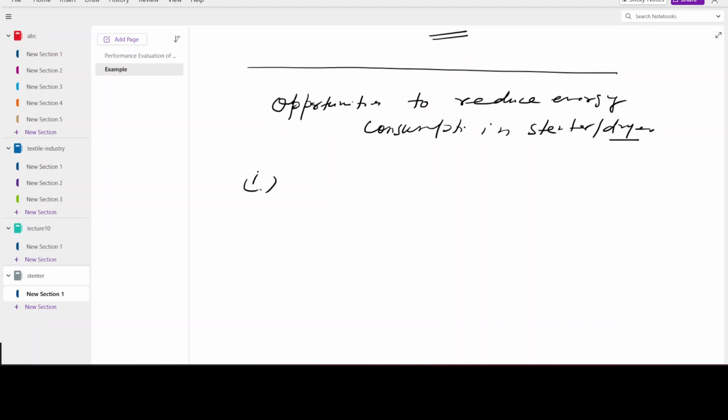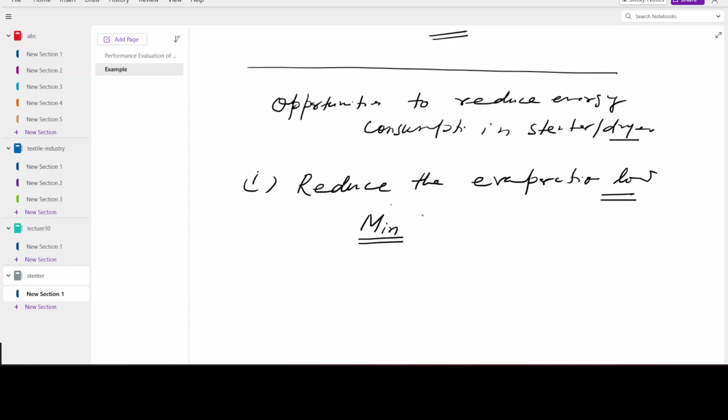First way could be to reduce the evaporation load. What is evaporation load? The mass of input moisture, reduce it.